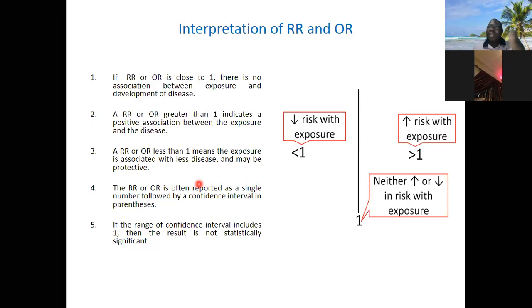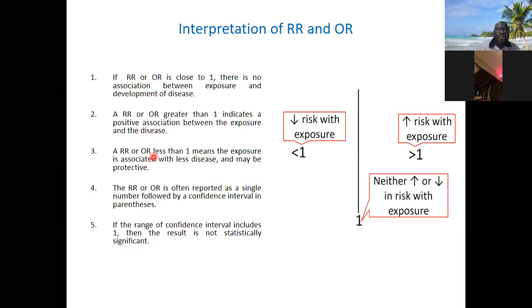So whenever you get 1, it means that the risk is the same in both exposure groups. It means that the exposure has nothing to do with the disease, because the people that are exposed and the people that are not exposed have the same level of risk. There is nothing causing it.